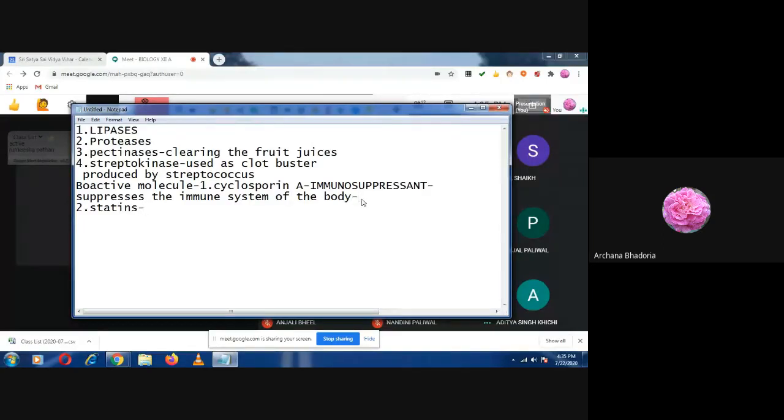What is the name of the organism from which we get cyclosporin A? We get it from a fungus. And what is the name of that fungus? It is Trichoderma polysporum.